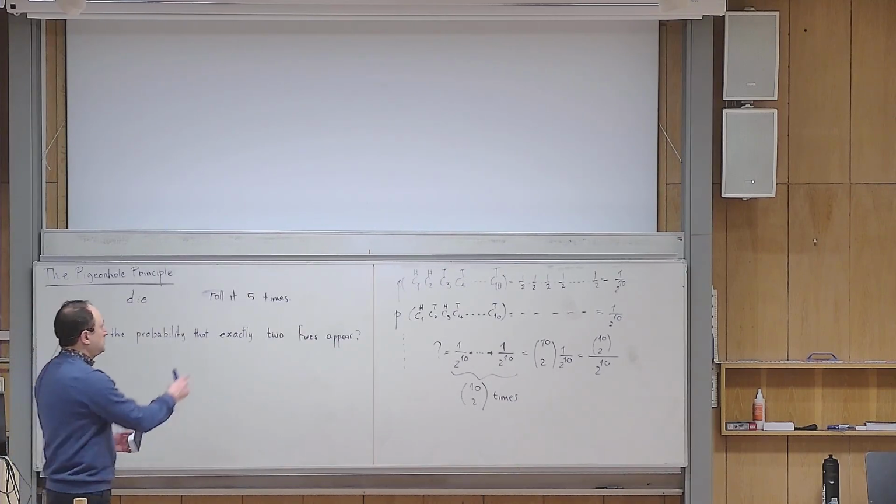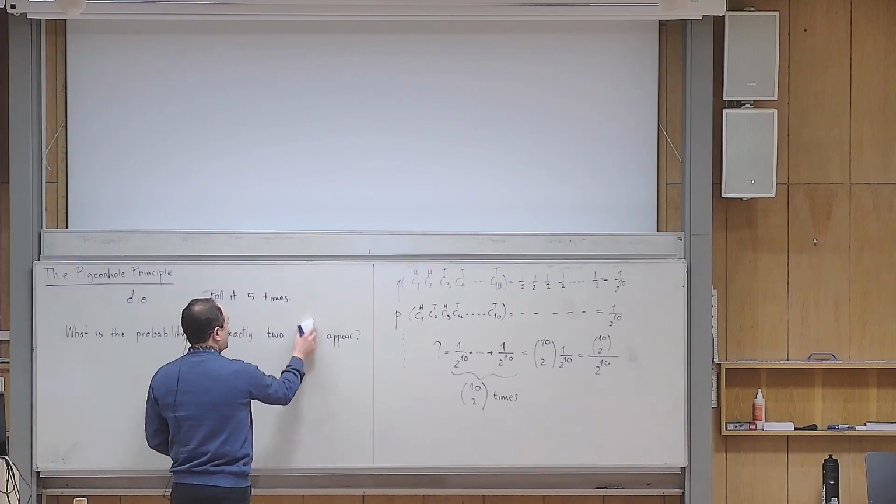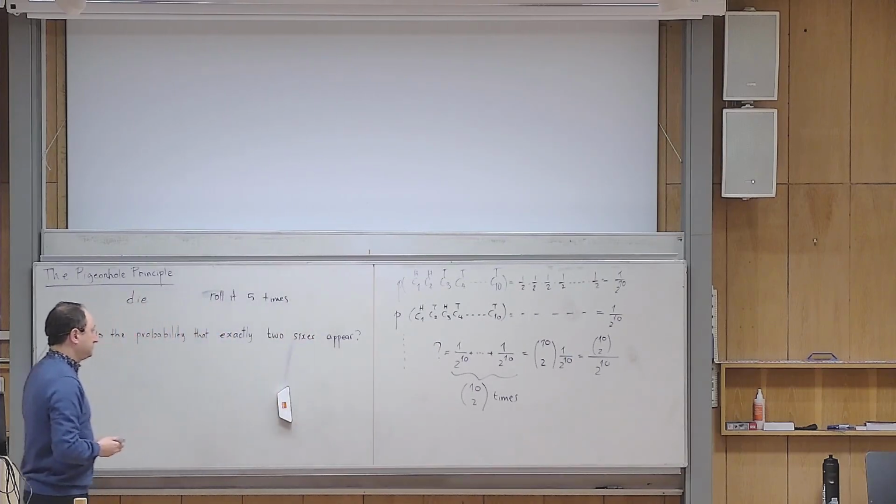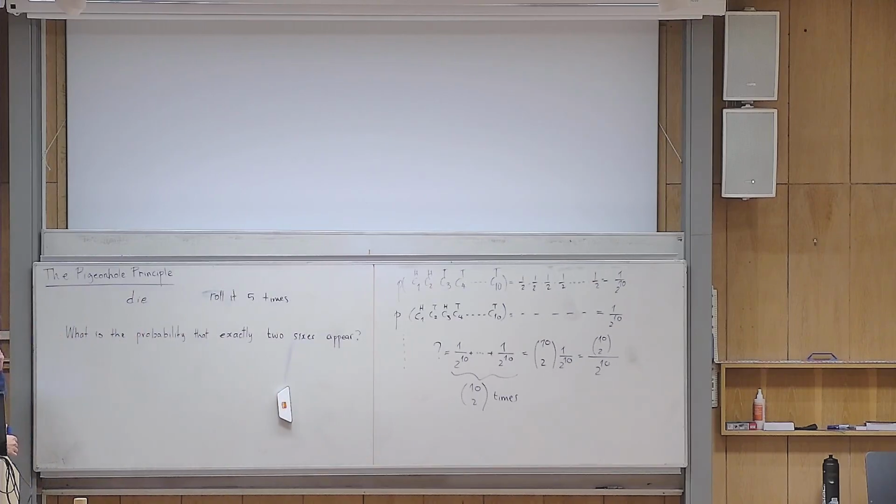Okay, if you don't mind, let me change this number with that number: two 6s appear, so that we can talk distinctly. So how should we solve this problem?